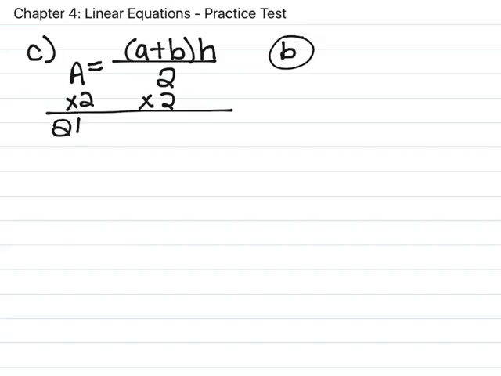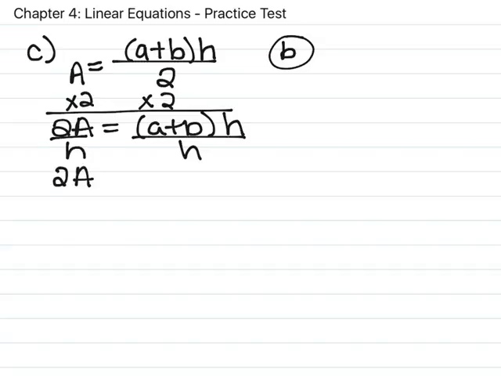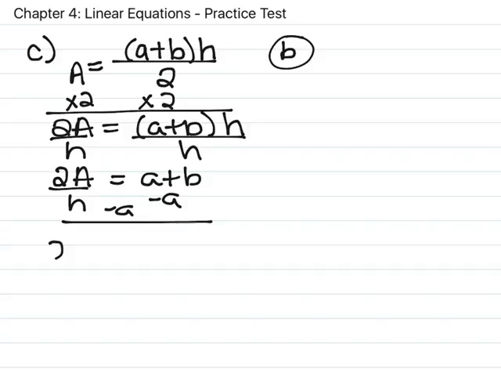So we get 2A is equal to (a plus b) times h. So I'm going to divide both sides by h, which will give us 2A over h equals a plus b, and because we want b, we're going to subtract a, which will give us 2A divided by h minus a is equal to b.